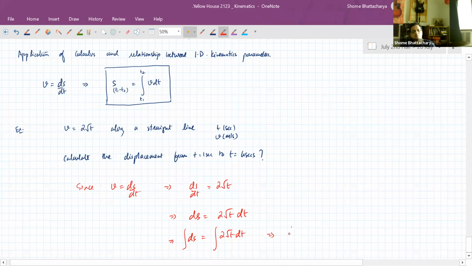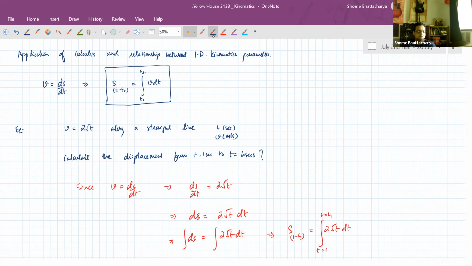In this case, the displacement from 1 to 4 seconds will become integration of 2 root t dt from t equal to 1 to t equal to 4. And from that, we'll calculate the numerical value. So you can write this down and complete this integration yourself and send me the answer. So this statement here is the inverse of this. Velocity is rate of change of displacement. That means displacement is integration of velocity with respect to time.